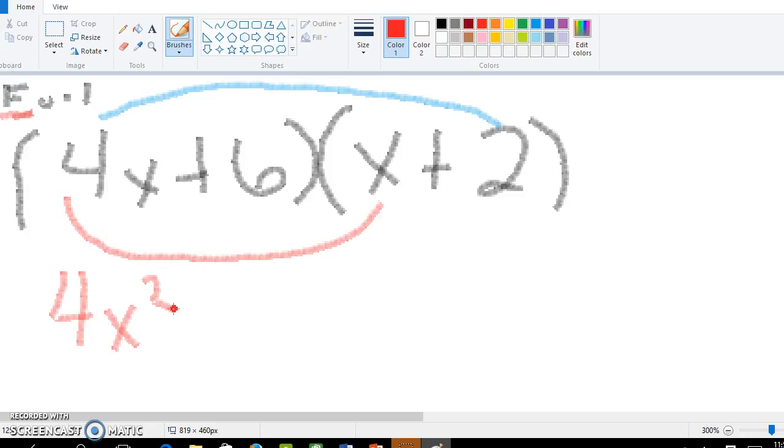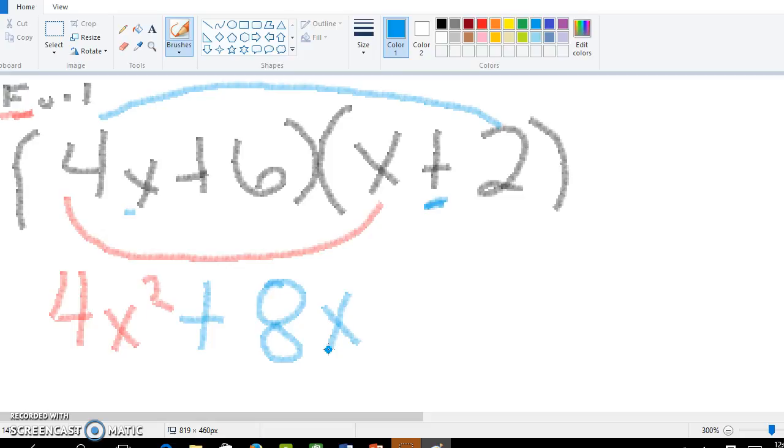One thing we need to make sure we watch out for is our signs. Because 4 is a positive, 2 is a positive because we've got this plus sign here. So we need to make sure we have our plus. So 4 times 2 is 8. And remember, we've got this x. So it's 8x.